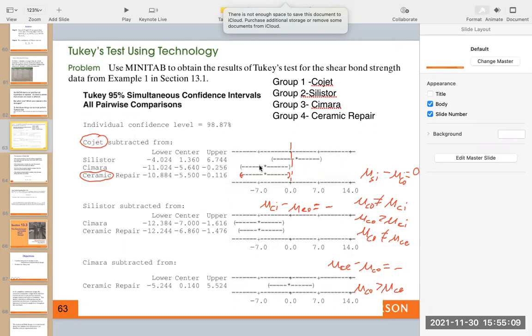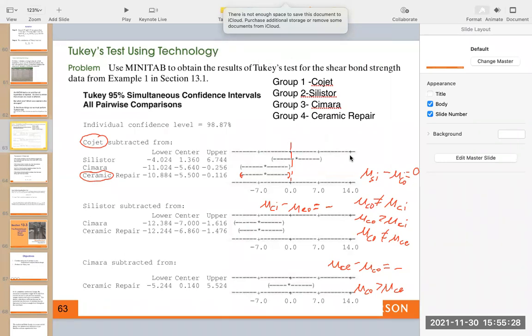And so it's a lot of information that we're just learning, and like in this first section, we took Courgette and we compared them to all the rest. Now we're going to take Silister and compare them to the other two. We already compared it to Courgette, but now we're going to compare it to the other two that are left.